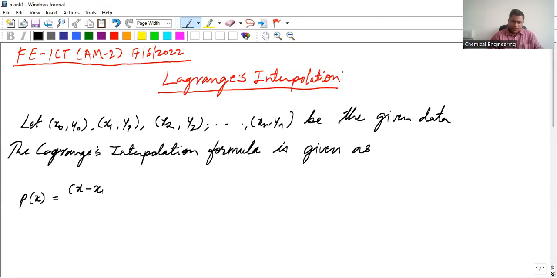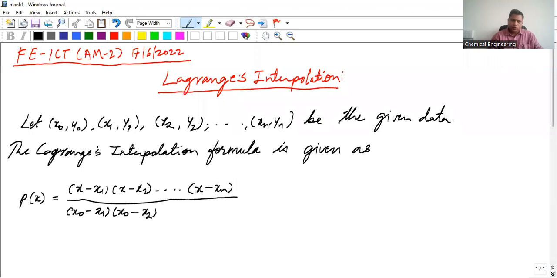x minus x1, x minus x2, and so on up to x minus xn, upon x0 minus x1, x0 minus x2, and so on up to x0 minus xn, into f of x0, or I write here y0.